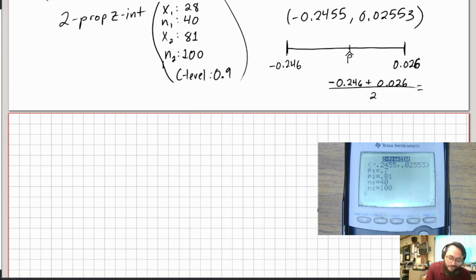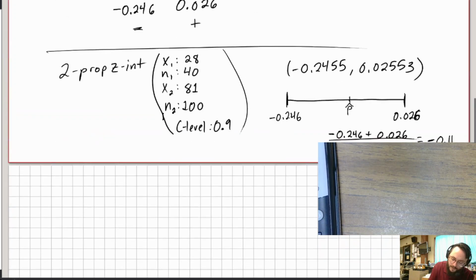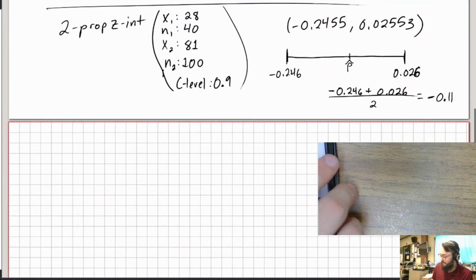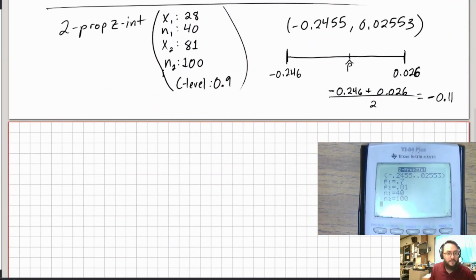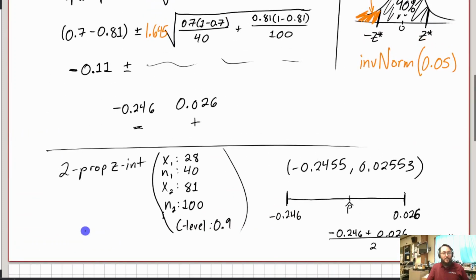Or you should. Yes, negative 0.11, right? That was our p hat from before. So we know this did it all correctly, shall we say. Okay. There is calculating our two proportion, or difference of proportions, confidence interval. Hope that helped. See you next time.